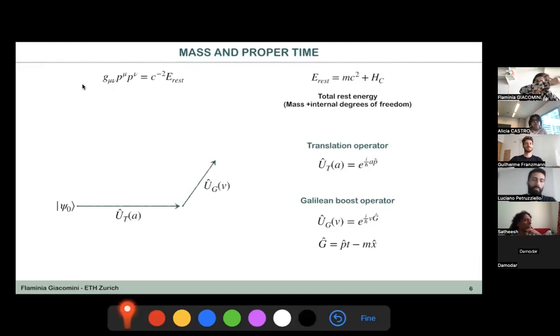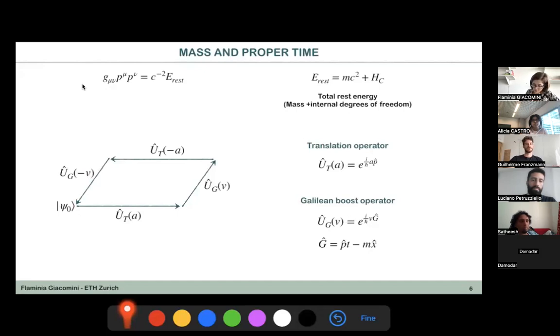Then we translate back by minus a, and then we boost back by minus v. You see that I am applying one operator and then the inverse operator. So what I would expect is to have the same initial state as I started with. I would like to have psi 0 at the end.